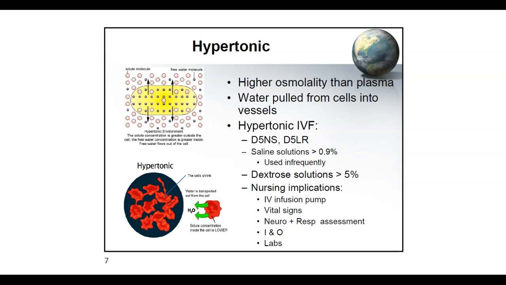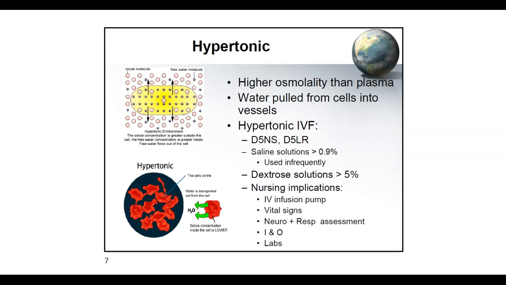So what's a hypertonic solution? This is a solution that has a higher osmolality or concentration compared to plasma or blood. This pulls water from the cells into the vessel. Examples of hypertonic solution include your D5NS, D5LR, saline solutions that are greater than 0.9%, and dextrose solutions that are greater than 5%.